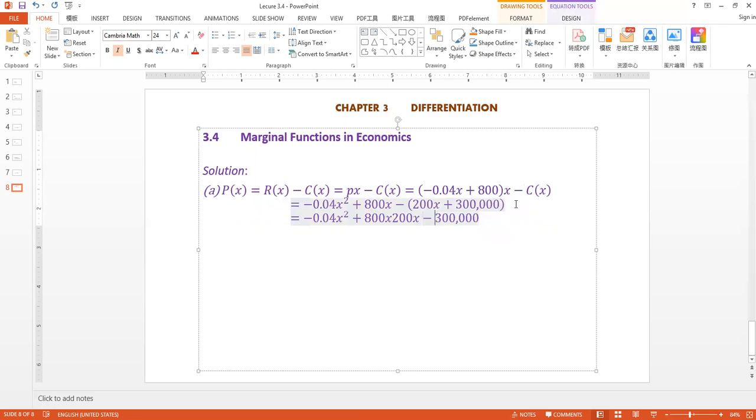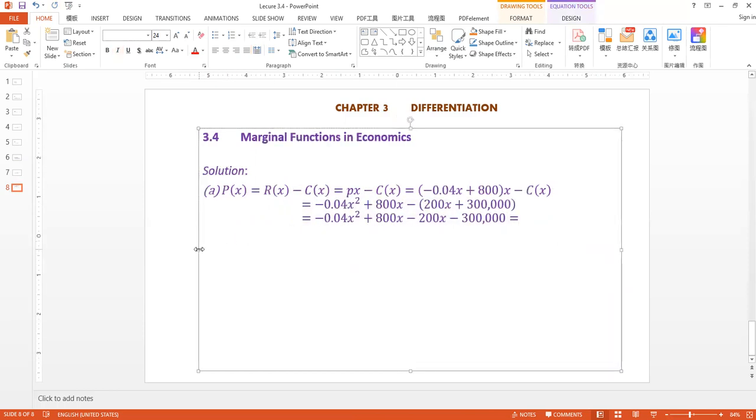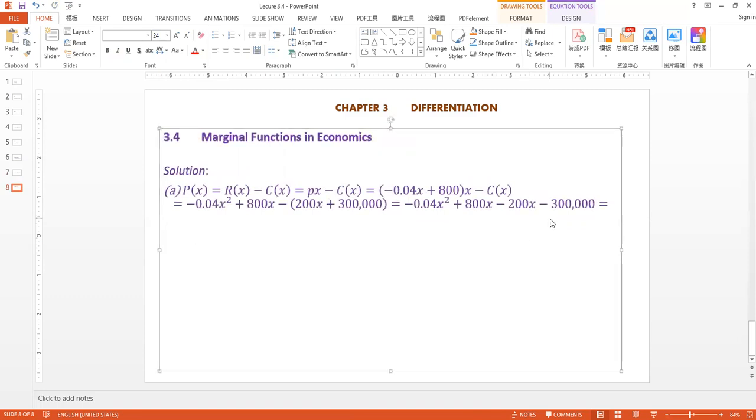So that's just a quadratic function, but we can do a little further step to simplify and combine like terms.